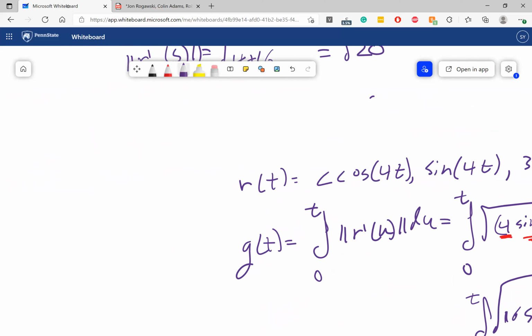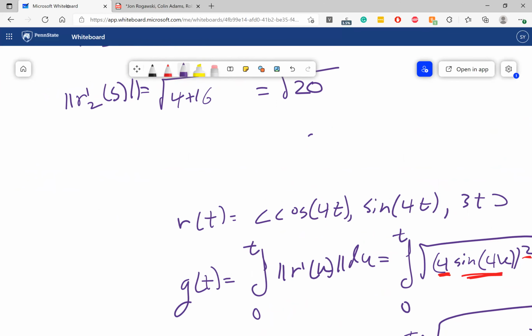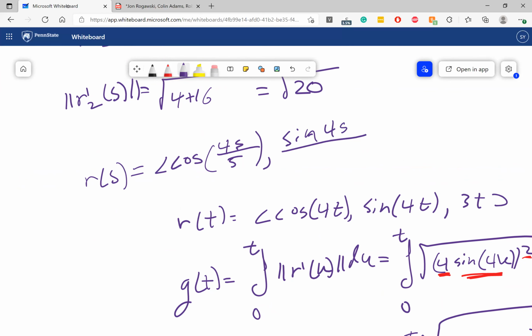So now we get r of s is going to be equal to cosine of 4s over 5, sine of 4s over 5, and 3s over 5. Does this make sense? Any questions?